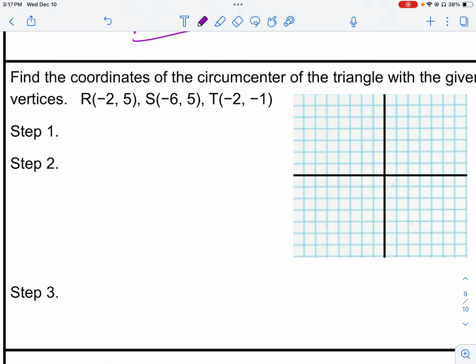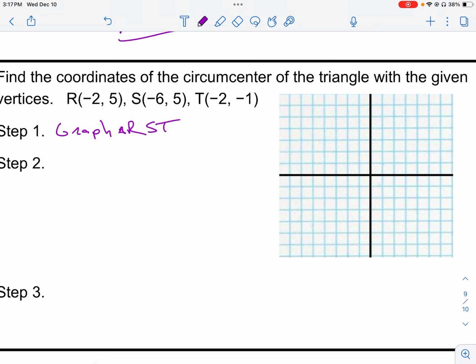Here we're going to go back and revisit our circumcenter and our 3 steps for solving the circumcenter. So we're going to go right back and do exactly what we did before. What was our first step? We're going to graph our triangle, triangle RST.